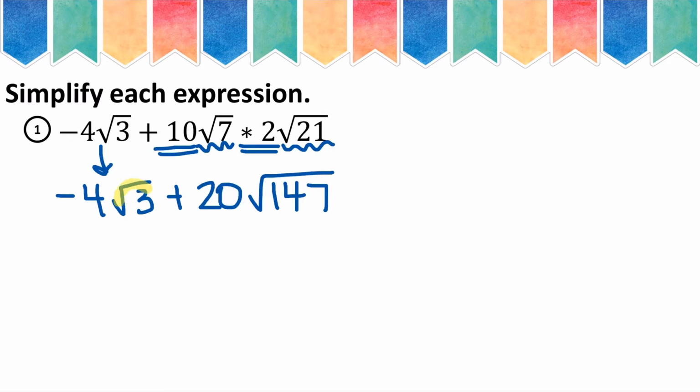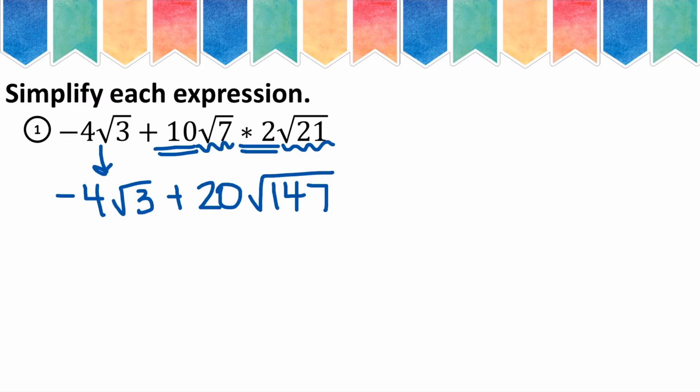Now we are being asked to add these square roots together. However, my square roots, the square root of 3 and the square root of 147, are not the same, which means we are currently not allowed to combine them. But what we can do is try to simplify the square root of 147.